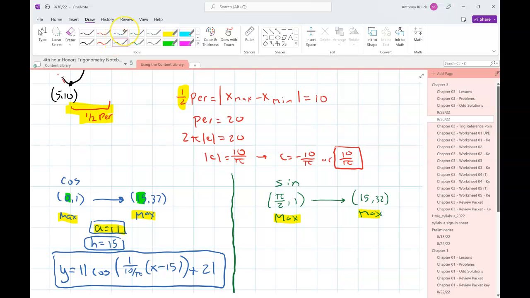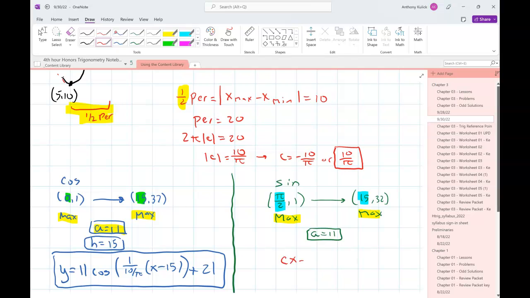So that, again, tells me that my A is positive. But to find my H is not going to be so easy, right?